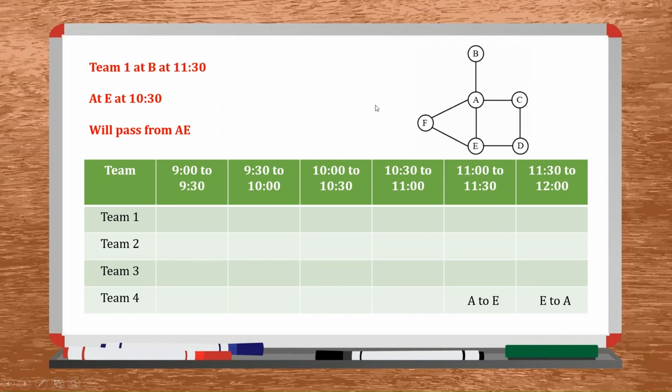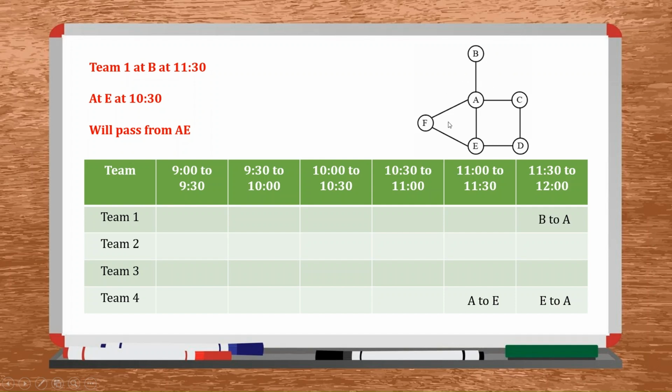Next, we have team 1, which is at B at 11:30 and at E at 10:30. If it is at E at 10:30 and at B at 11:30, that means it will have to travel from E to A and then A to B because it takes 1 hour for a team to cross 2 streets and it has to reach B by 11:30.